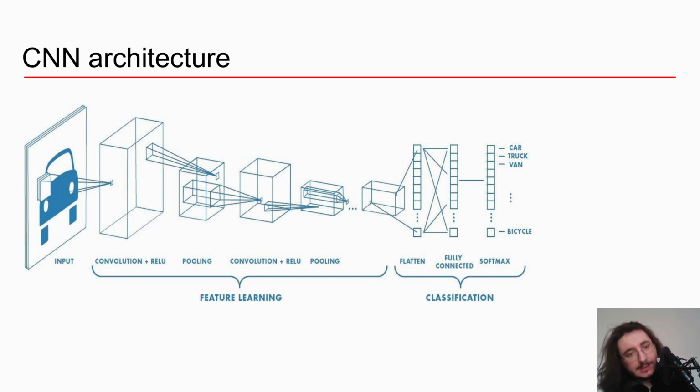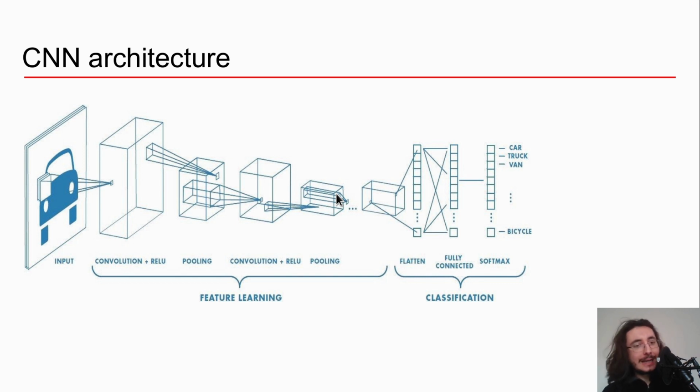What happens here is that at each convolutional layer, we're trying to extract features. The idea is that towards the beginning of this feature learning segment, we extract very low level features, like edges. Then moving forward, from edges we can arrive at shapes. Going deeper in the network, from shapes we can arrive at objects.